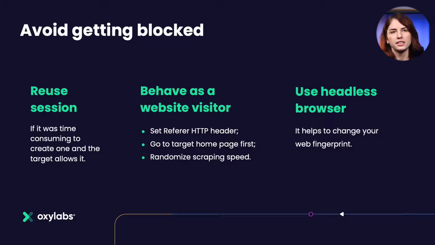Well, he usually accesses the website by surfing the internet. So the referrer header tells the target website from where the user originates, and setting it to a search engine or the target main page may allow you to avoid getting blocked.